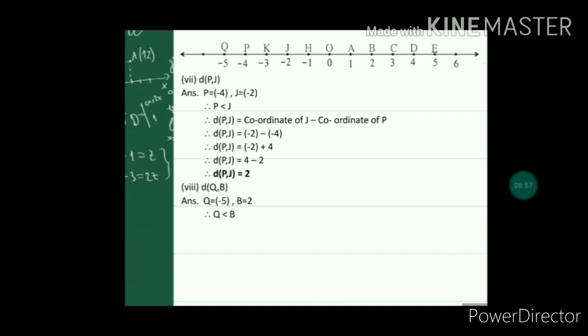Means Q is less than B. Distance of QB is equal to coordinate of B minus coordinate of Q. Therefore distance of QB is equal to coordinate of B is 2 and coordinate of Q is -5, 2 minus in bracket -5. Distance of QB is equal to 2 minus into minus, plus 5. Therefore distance of QB is equal to 7.